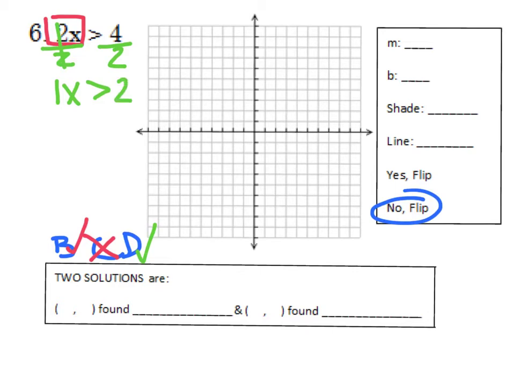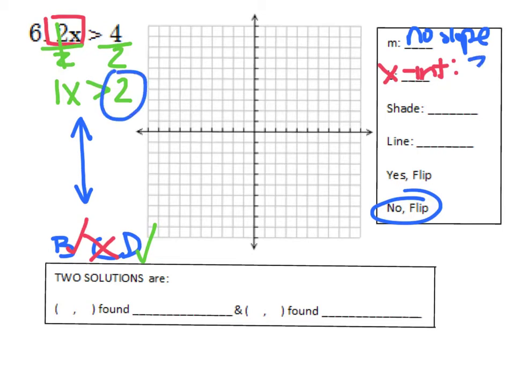Now this is a special situation because it begins with x. So hopefully we remember anytime that you have an equation that begins with x, the line is a vertical line because it has no slope or an undefined slope. So technically it does not have a y-intercept, but it does have an x-intercept, and the x-intercept for this situation is at positive 2.